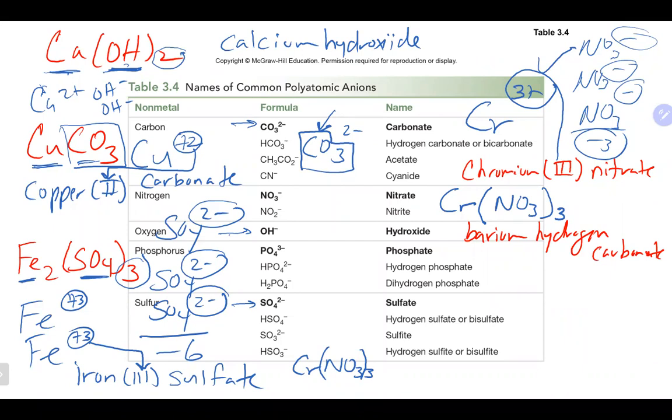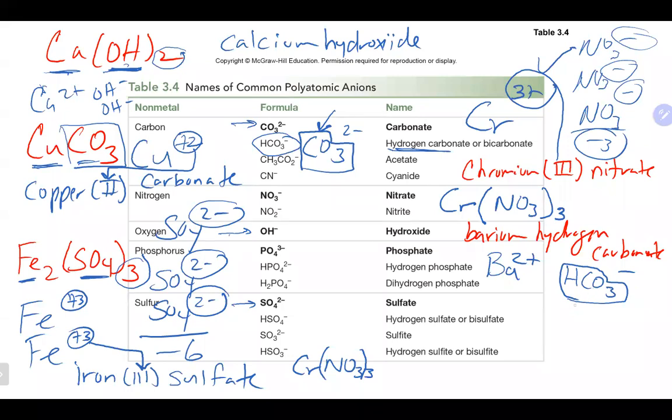So barium hydrogen carbonate. Barium is group 2, which means it has a +2 charge. Hydrogen carbonate is on our list here, so it is this guy, HCO3 minus. Again, that hydrogen carbonate has an overall charge of -1. So in this case, we need more of the bicarbonate to balance it out, right?